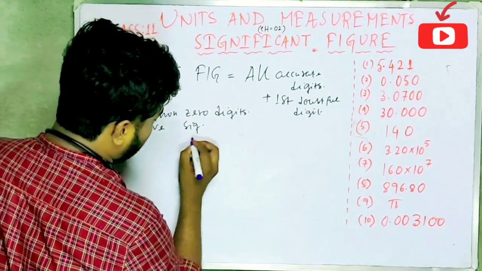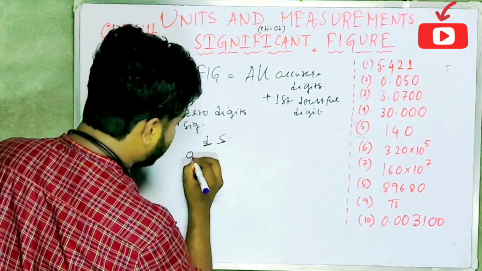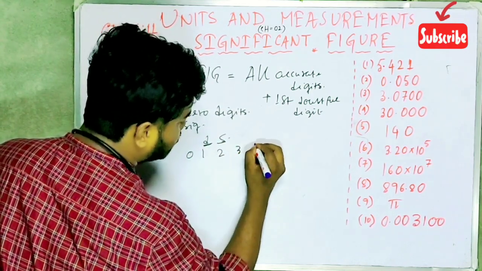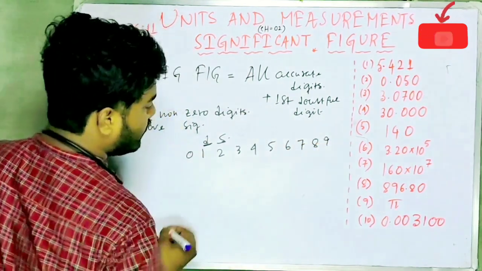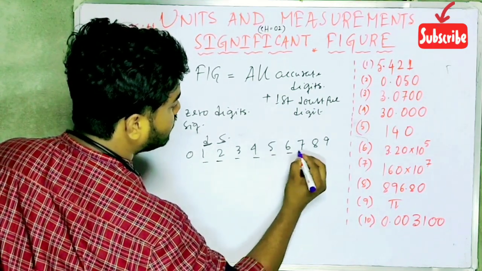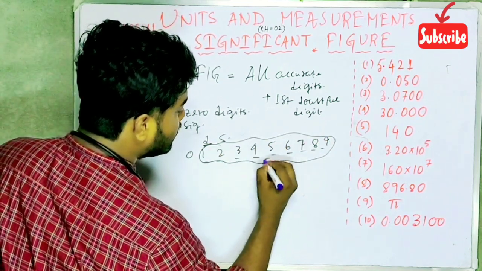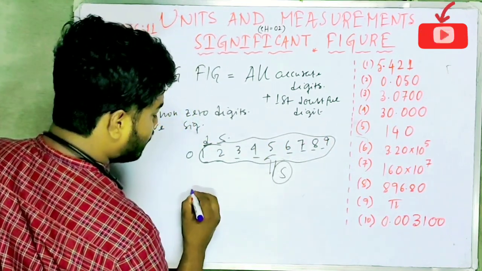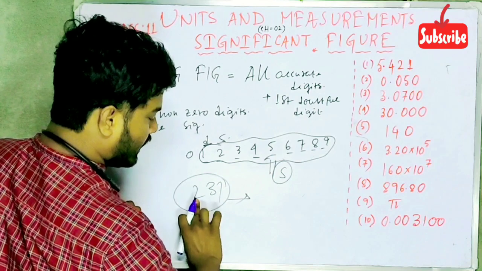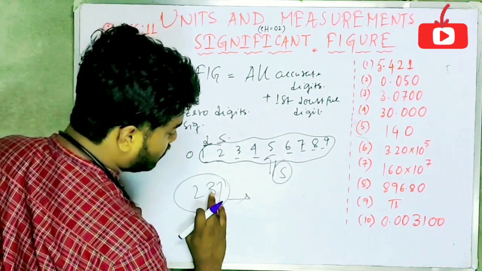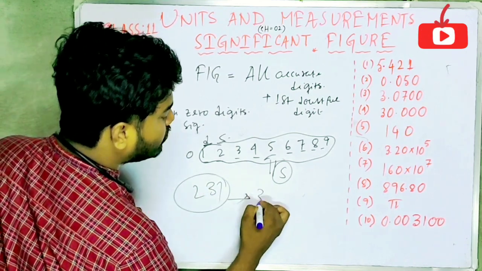Suppose in the measurement system we use the decimal system, and the numbers are 0, 1, 2, 3, 4, 5, 6, 7, 8, 9. Here 1, 2, 3, 4, 5, 6, 7, 8, 9 are all non-zero digits. So these are significant digits. Clear? Suppose 231. What is the significant figure here? 2 is non-zero, that is significant. 3 is non-zero, that is also significant. 1 is non-zero, that is also significant. So here the significant figures are 3.